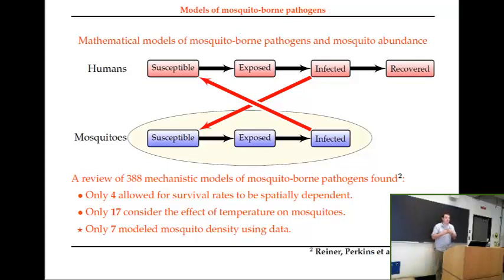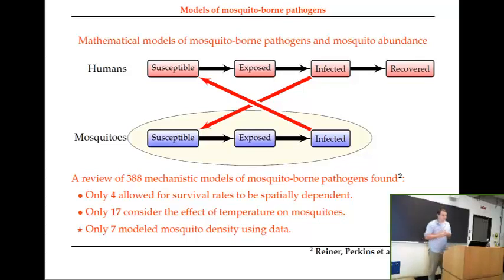And only 7 of the 388 mechanistic models used modeled mosquito density using data. Now, it's not to say that people don't model mosquito or other insect density using appropriate population biology tools. It's to say that these tools have only 7 times been incorporated back into a mathematical model of mosquito-borne pathogens.